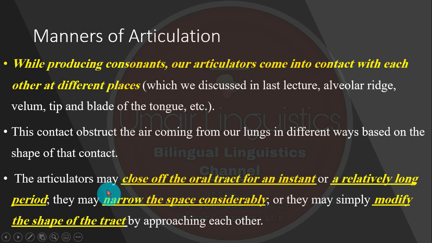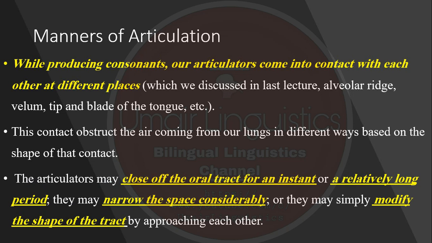And so the articulators may close off the oral tract for an instant or for a relatively long period, and they may narrow the space considerably. What does it mean by narrowing the space? That the air is passing just through a narrow space.